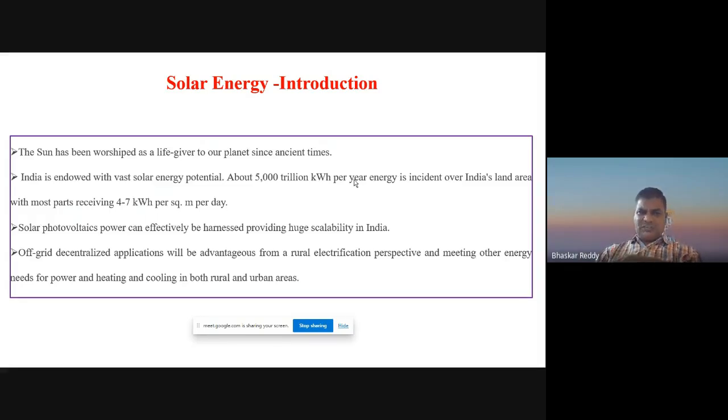This is the incident energy coming from the sun. But apart from that, we can generate nearly 4 to 7 kilowatt hours, that is, 4 to 7 units per square meter per day.